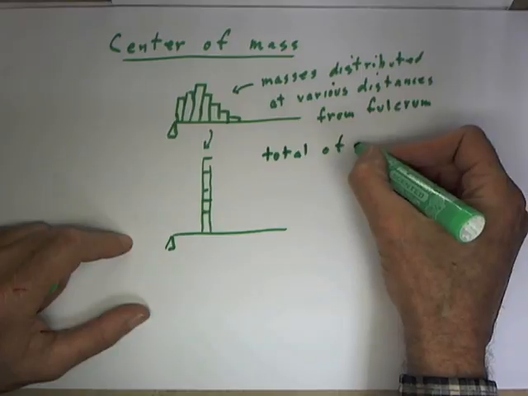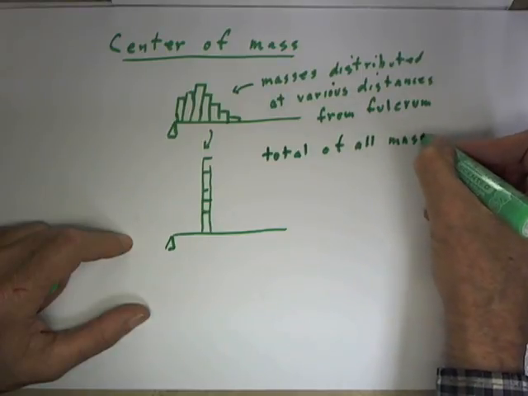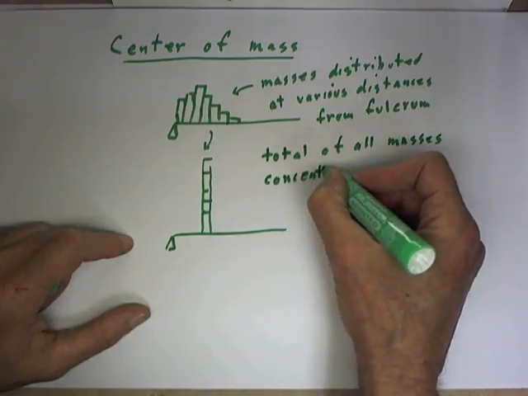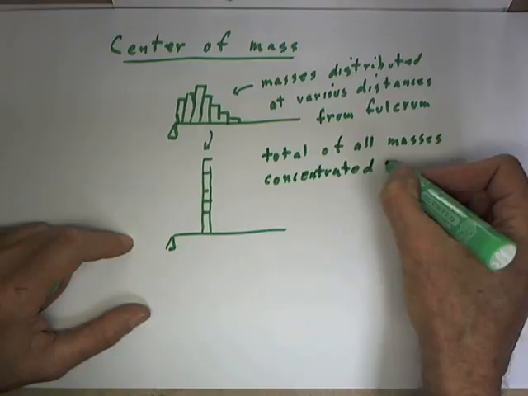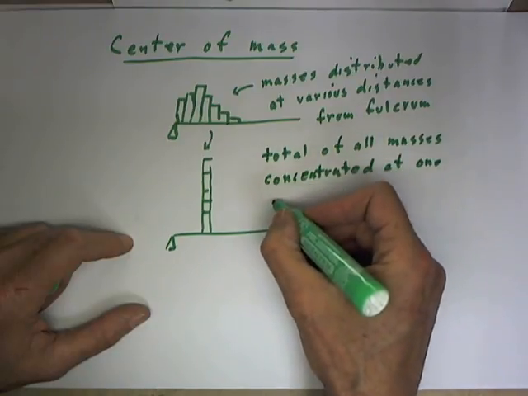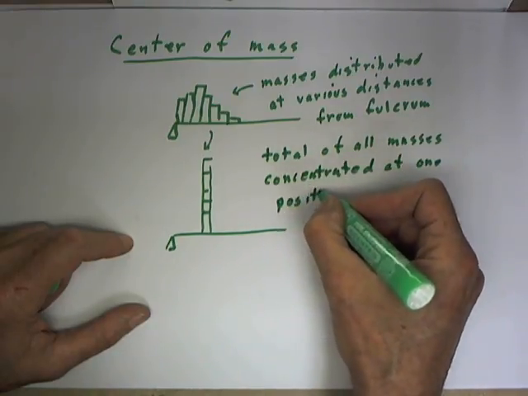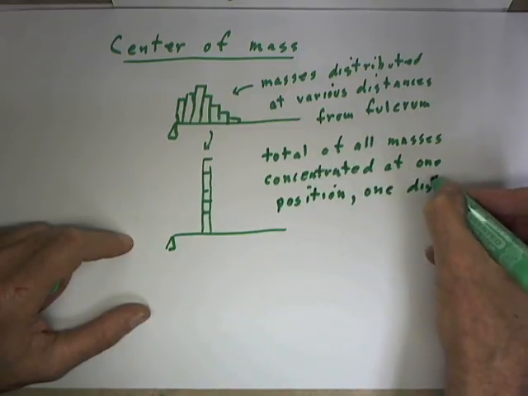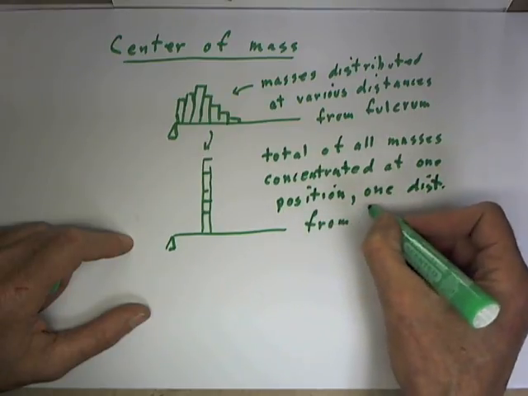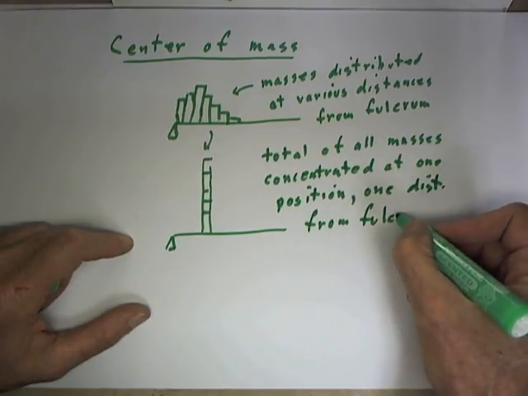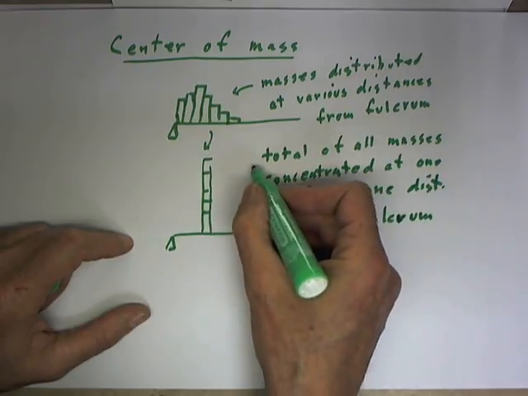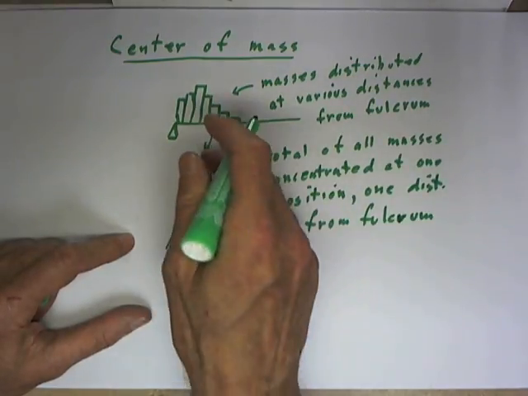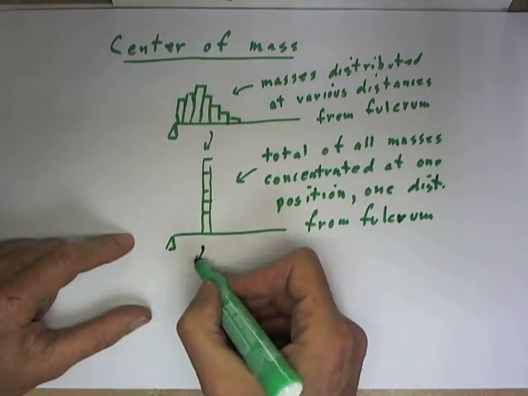And here we have the total of all masses concentrated at one position, one distance from the fulcrum, and doing so we obtain another moment.